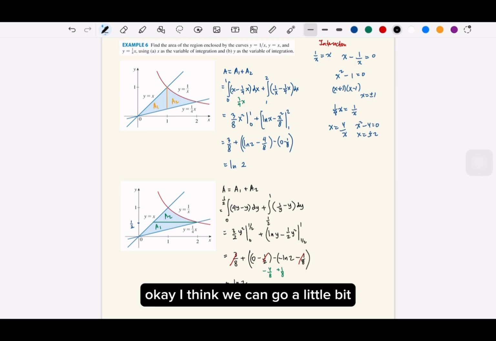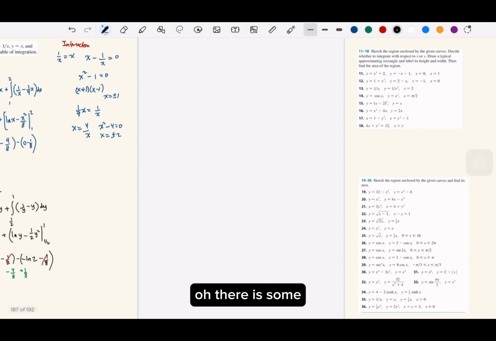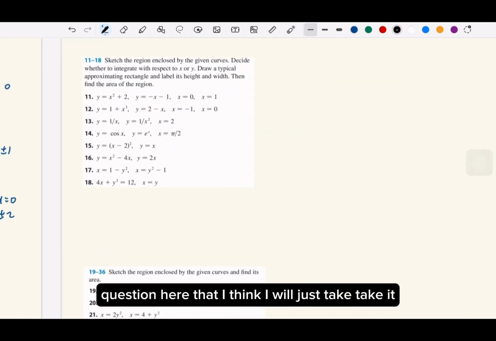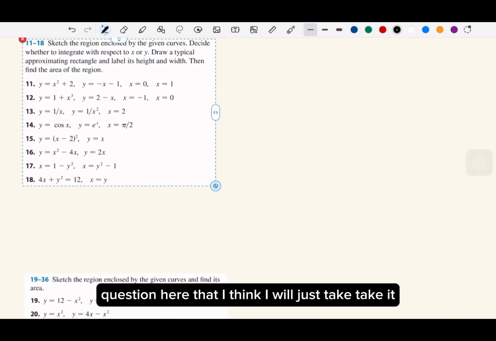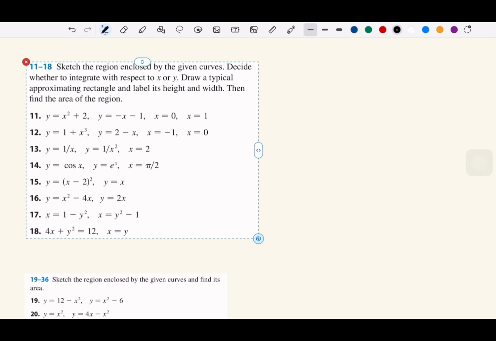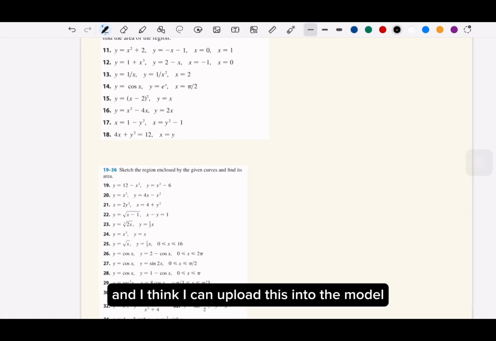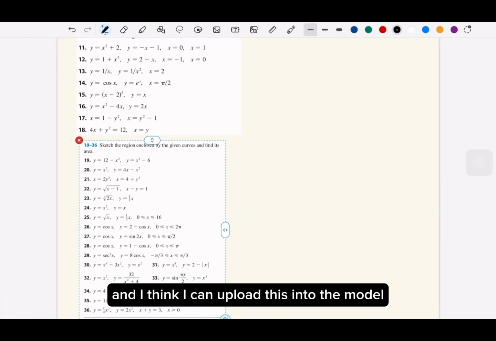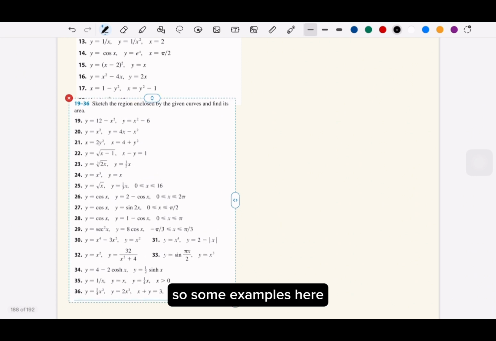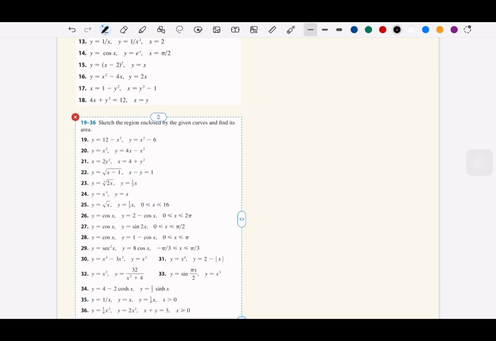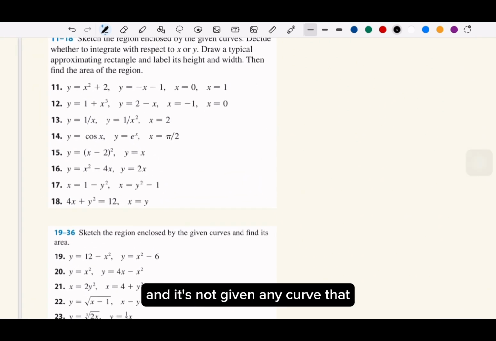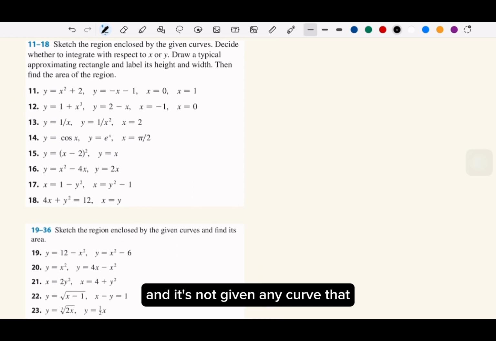Okay, I think we can go a little bit. Oh, there is some question here that I think I will just take, and I think I can upload this into the Moodle. So some examples here, and it's not given any curve, so for sure you need to sketch first.